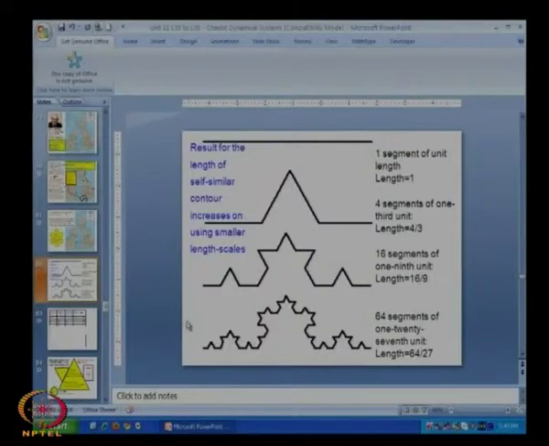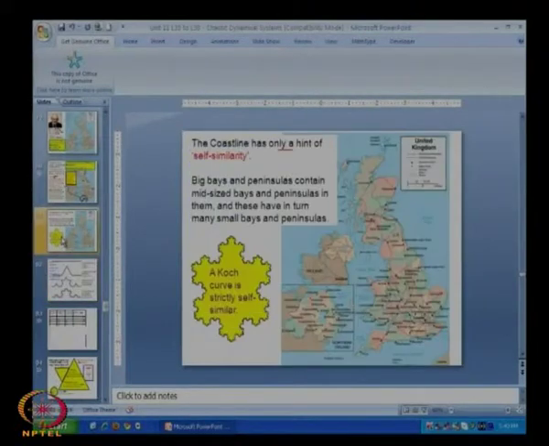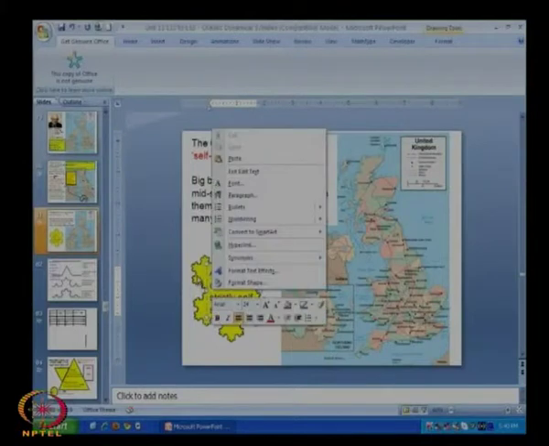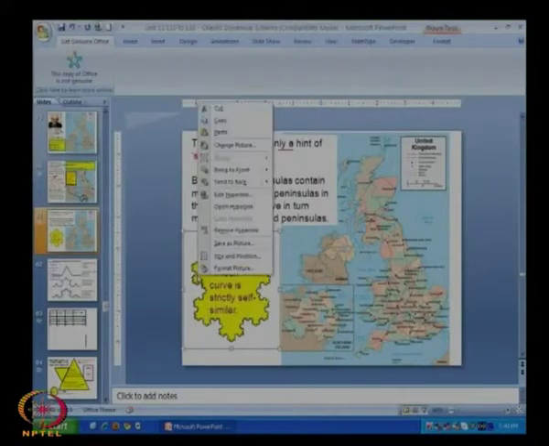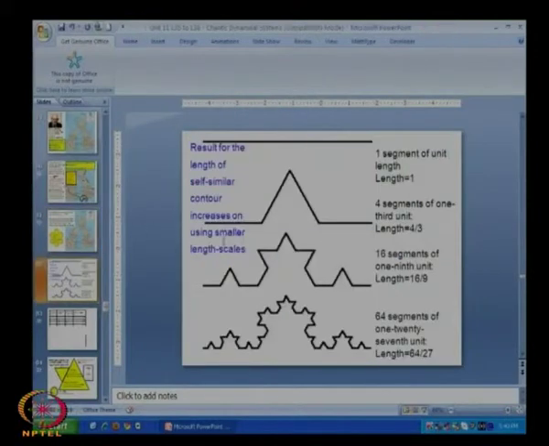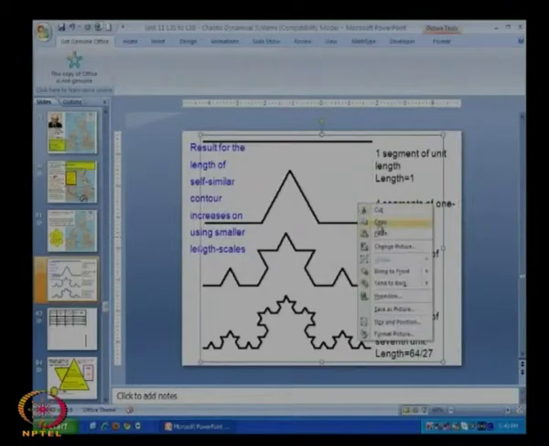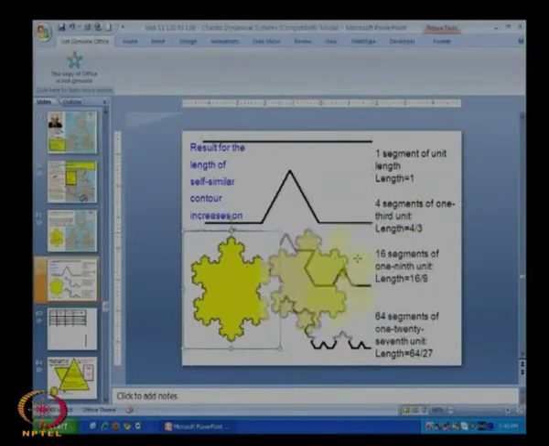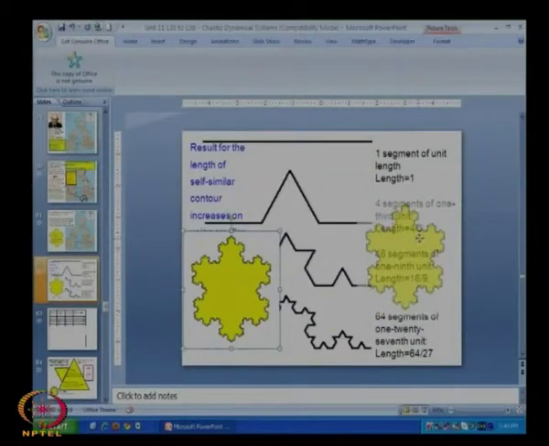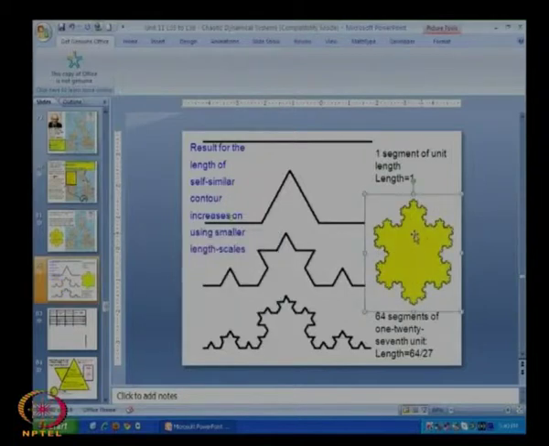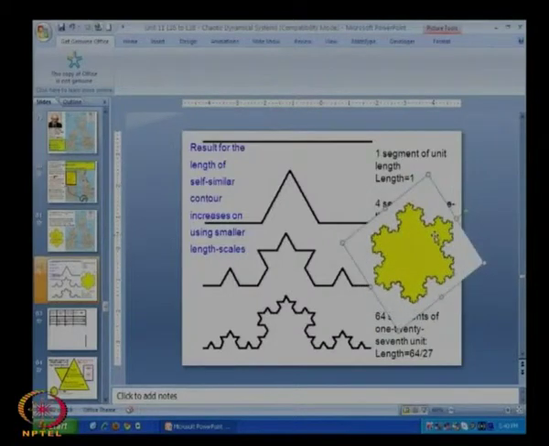Now, this is exactly what is coming in the Koch curve which you see in this figure, and you can see it if I just copy this and paste it over here. Okay, here it is. So, let me move it over here so that you can see the point that we are looking at. The only thing I need to do is to rotate this and bring it like this.